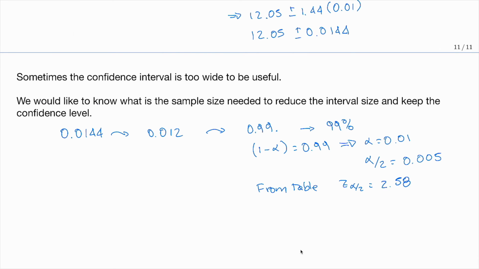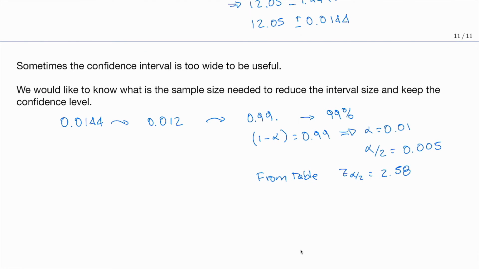Now our interval will be 12.05 plus or minus 0.012. So this is our new range. But this is equal to z of alpha over 2 multiplied by sigma of x bar, so this is equal to 0.012.